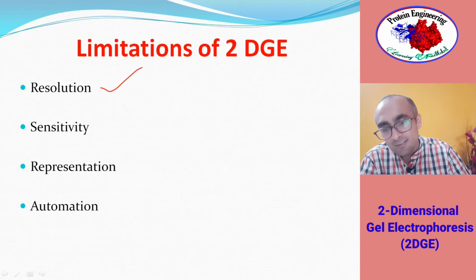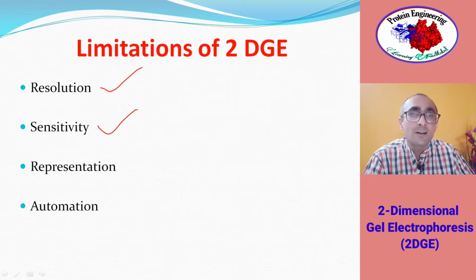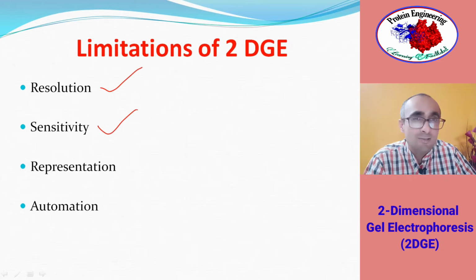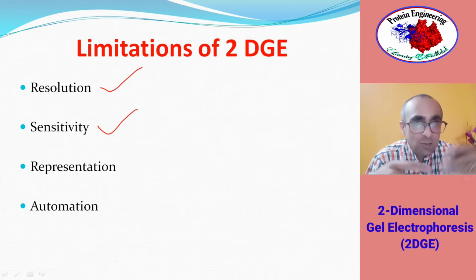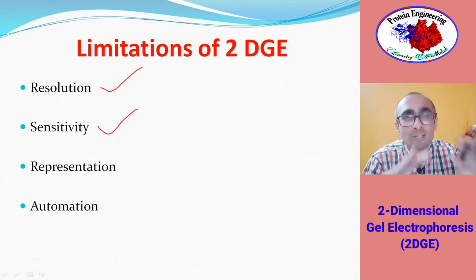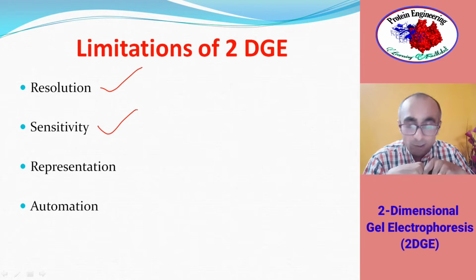Then sensitivity, because many proteins are super abundant in the proteomic sample, they are present in very high concentration, others are very rare. So to visualize the superabundant protein separately and to enrich the scarce protein which are present in low concentration is also challenging in 2DGE.